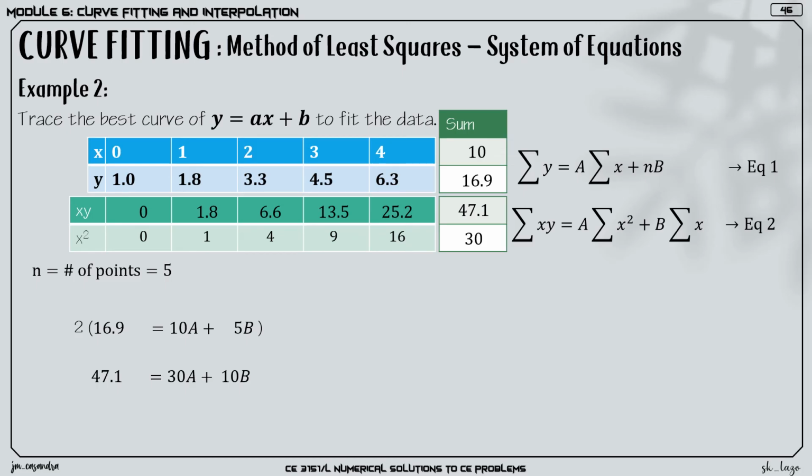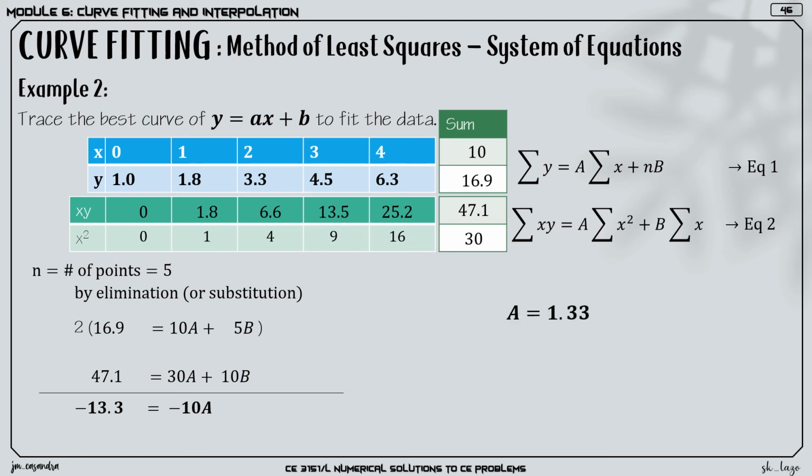In order to eliminate b in the two equations, we multiply it by 2. With that, we'll now arrive at negative 13.3 equal to negative 10a, which will give us a value of a equal to 1.33 and a value of b equal to 0.72 by substituting a in either equation 1 or 2.